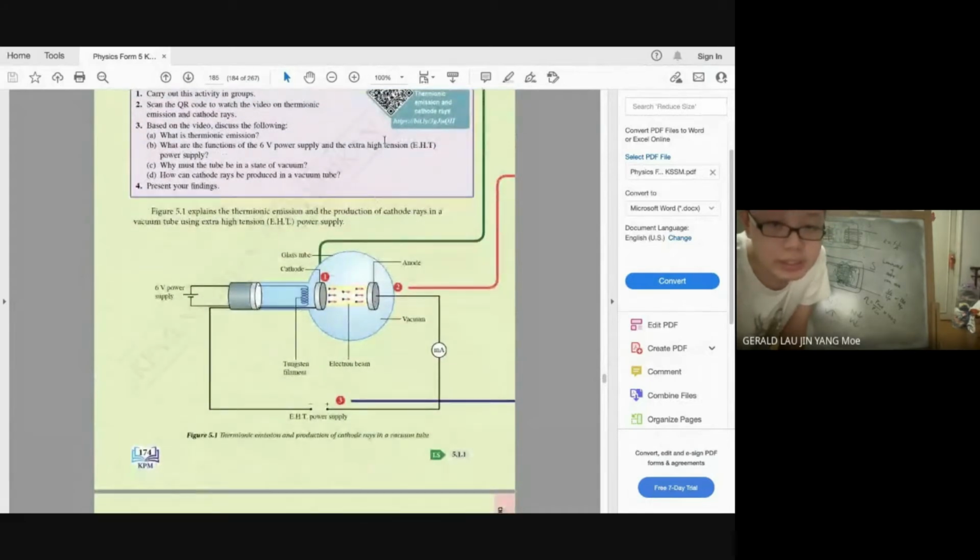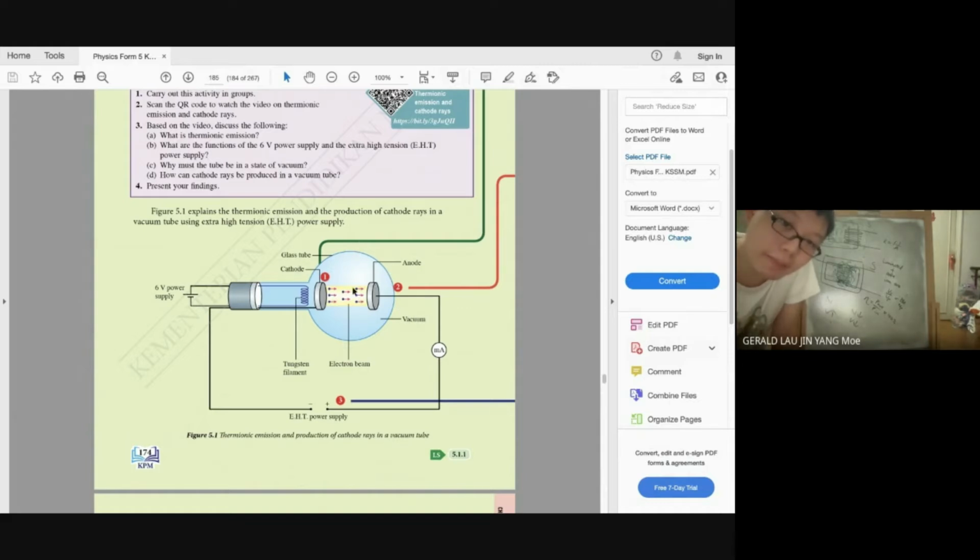So this is a cathode ray tube. You look at here, you have your positive and negative. Negative here will be your cathode, positive is the anode. Because of this negative, you have a lot of electrons here, negatively charged. When you turn on the EHT power supply, electrons will escape from the cathode and be attracted to the anode, which is positive.